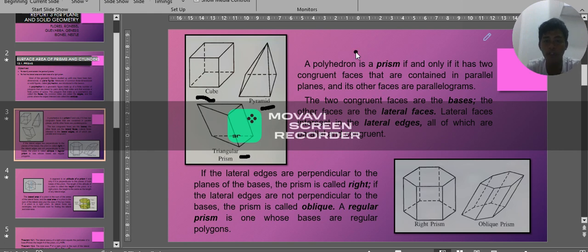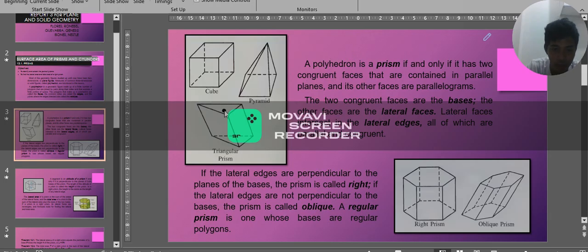A polyhedron is a prism if and only if it has two congruent faces that are contained in parallel planes and its other faces are parallelograms. The two congruent faces are the bases. The other faces are the lateral faces.